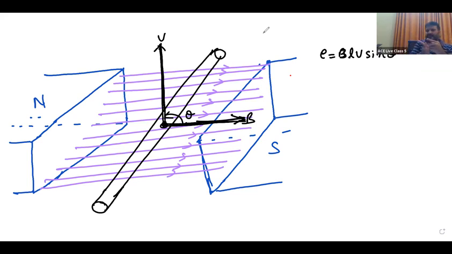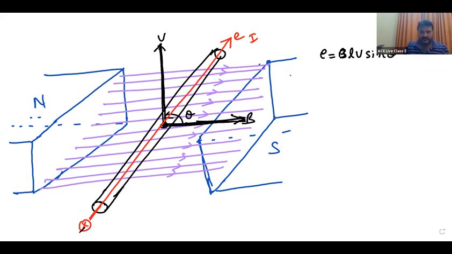So: flux direction, motion of the conductor, and this is the current direction by applying Fleming's right hand rule. So the direction of induced EMF or induced current is in this direction. It is a cross. Yes, E or I is a cross. Current is going away from the observer.